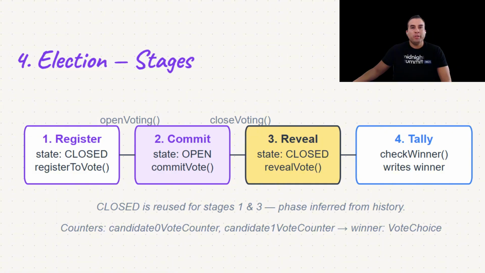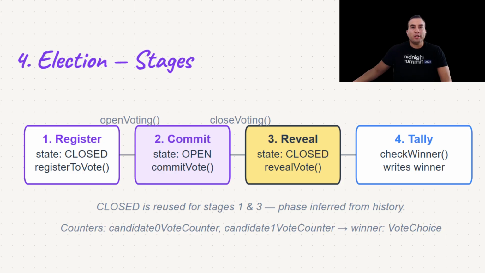They drop their sealed envelopes. The organizer calls close voting. State flips back to closed. Stage 3. Reveal. Voters call reveal vote. The counters tick up. Stage 4. Tally. The organizer calls check winner, and the winner gets written to a public set.